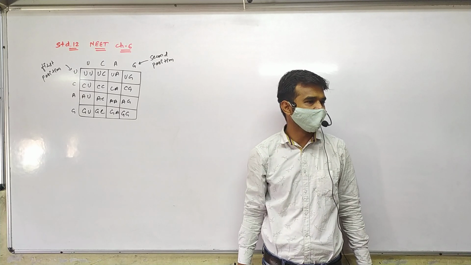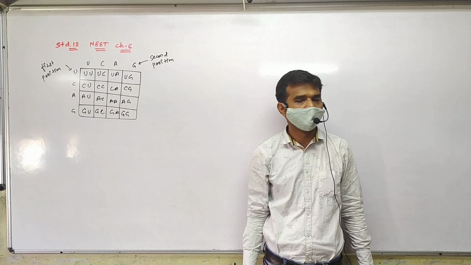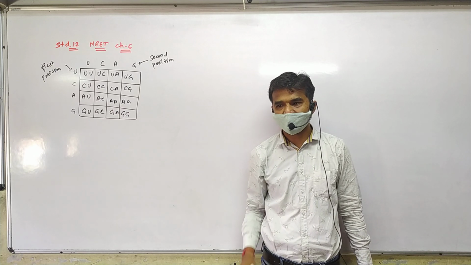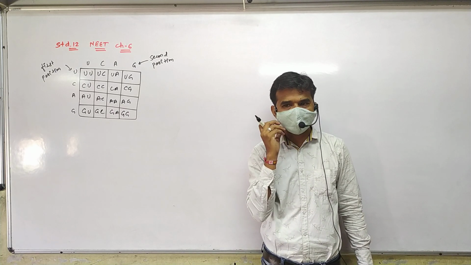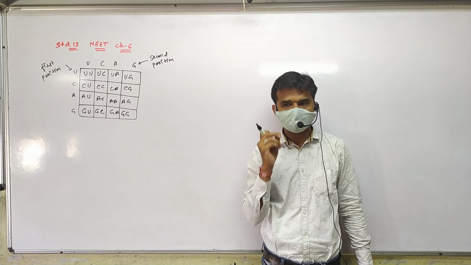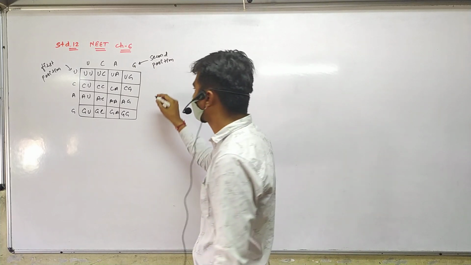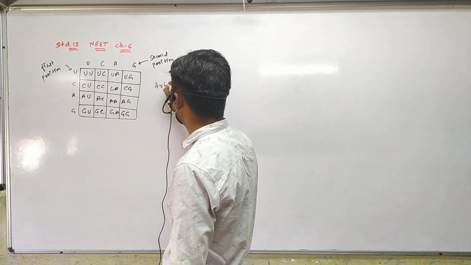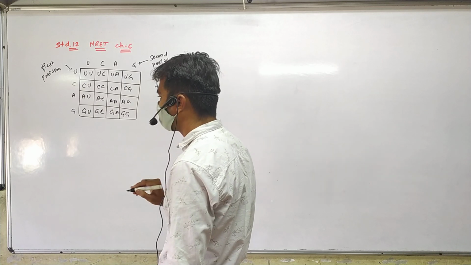So George Gamow made it a triplet code. Here doublet codes are 4 into 4, so a total of 16 codes are there.